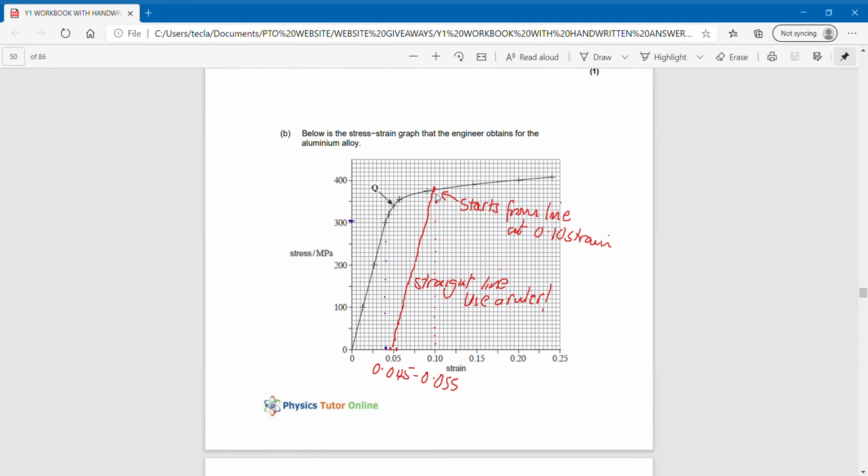So it's going to start from 0.1 here, and it's going to be a straight line, not like mine. This is tricky to do on a graphics tablet, but anyway, a straight line that comes back down here and cuts the x-axis between 0.045 and 0.055. Probably 0.05 is the middle point there, which would be the most accurate. So it's going to be parallel to the initial gradient.